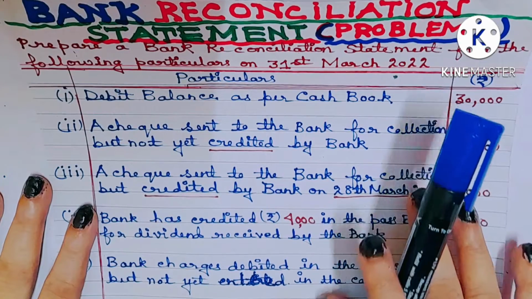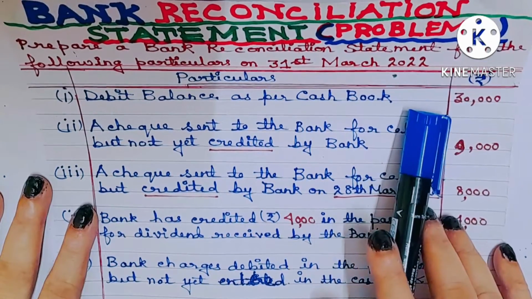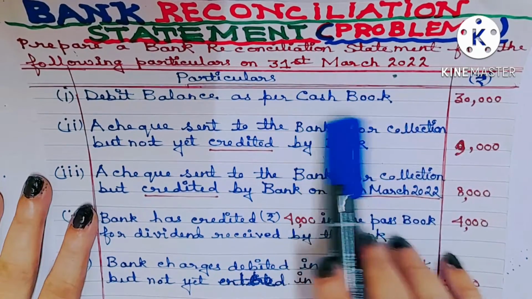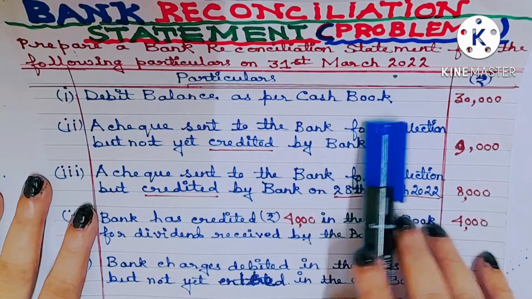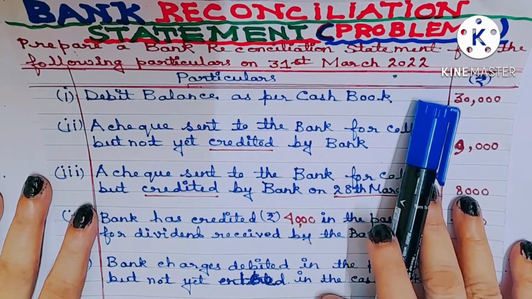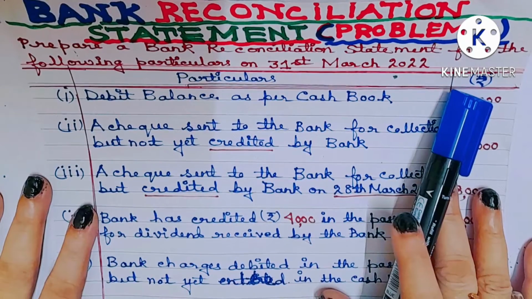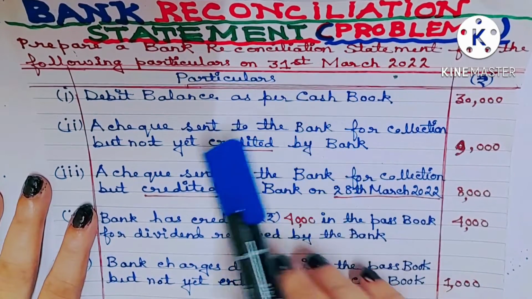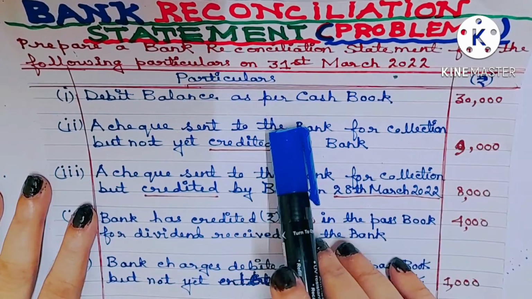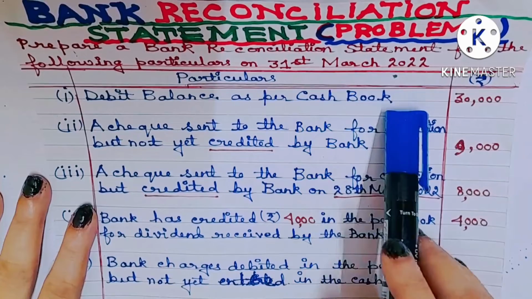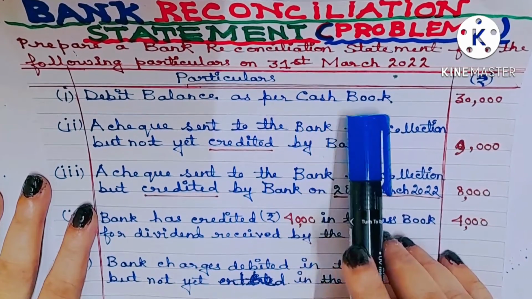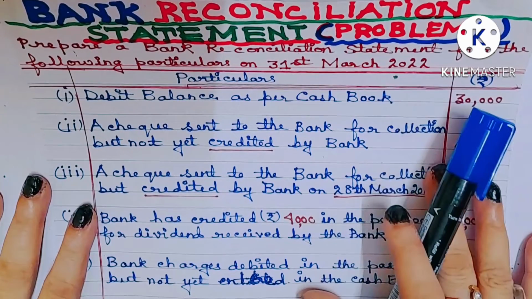And if the BRS is started with the bank balance as per passbook, the answer arrived at in the end will be the bank balance as per cash book. Okay, understood? In this problem, the BRS is started with the bank balance as per cash book. So the answer arrived at in the end will be the bank balance as per passbook.